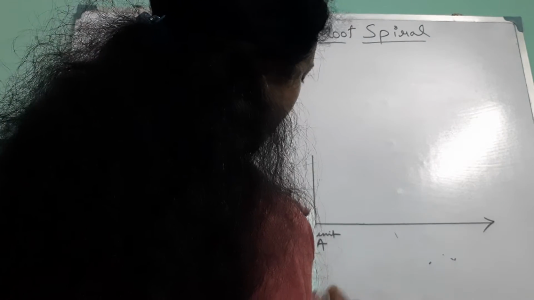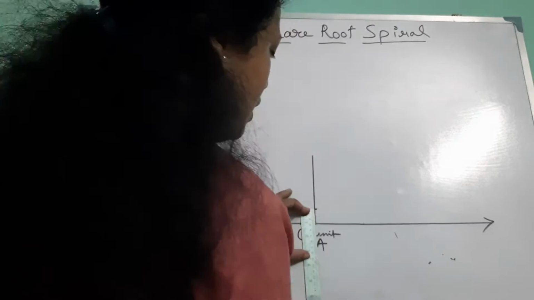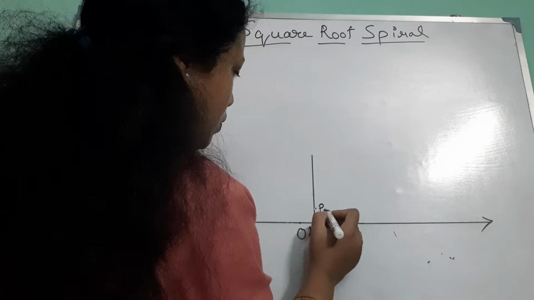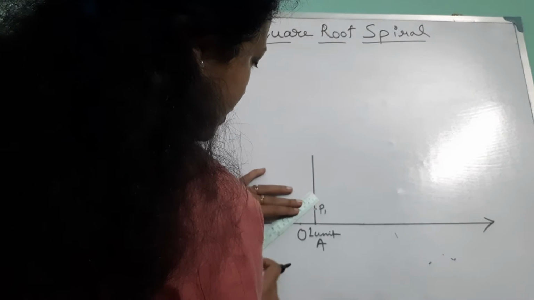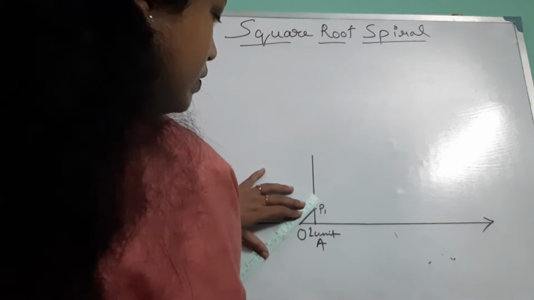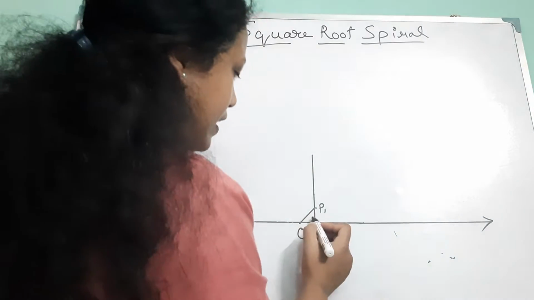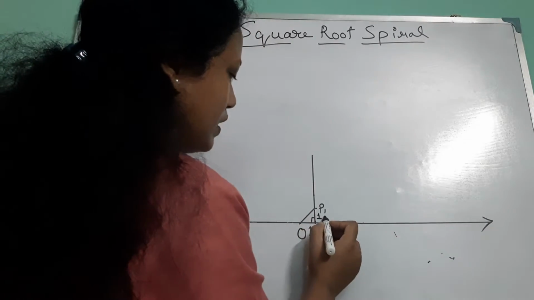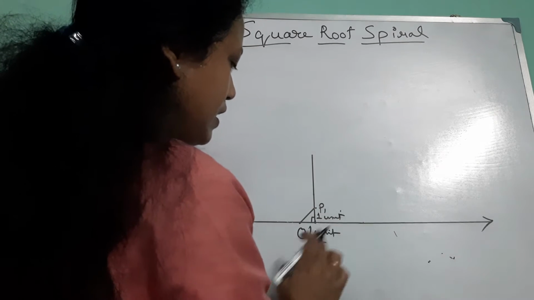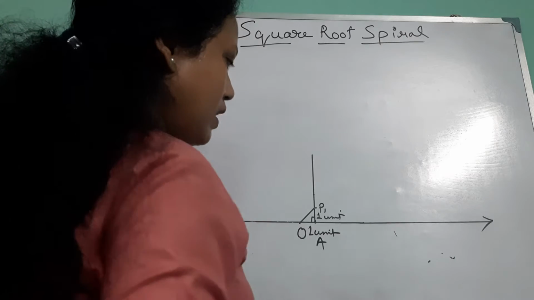Let this point be P1 and join P1 with O. So we got a right angle triangle. AP1 is 1 unit, OA was also 1 unit.